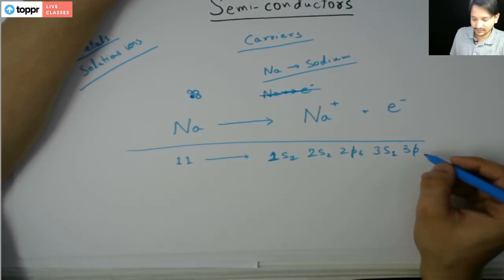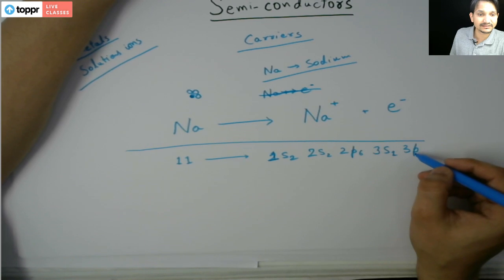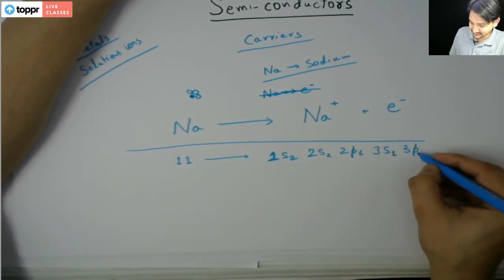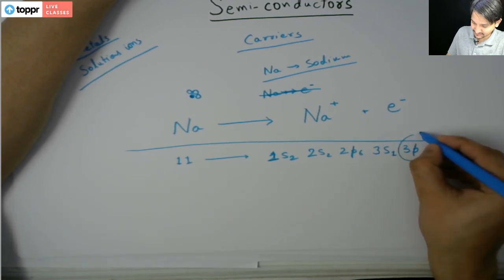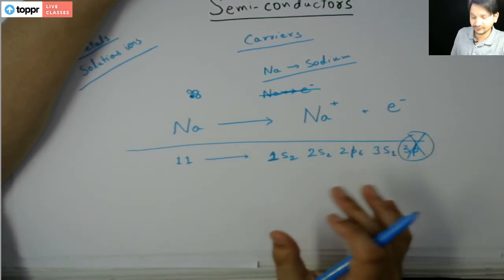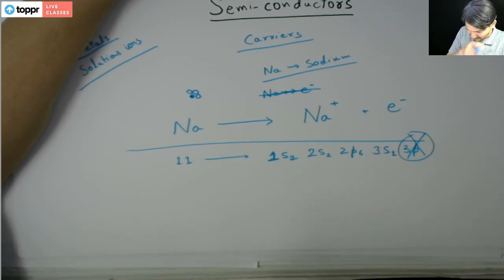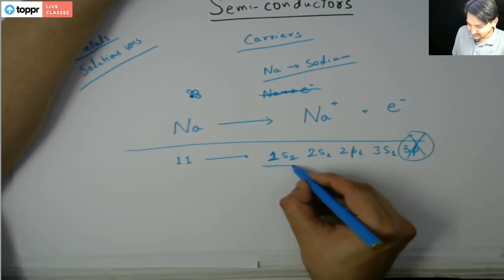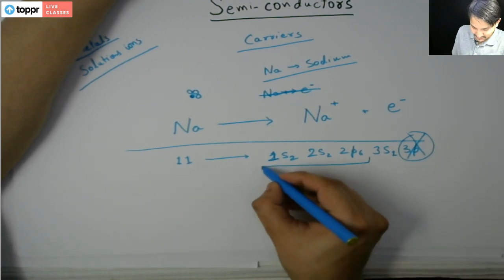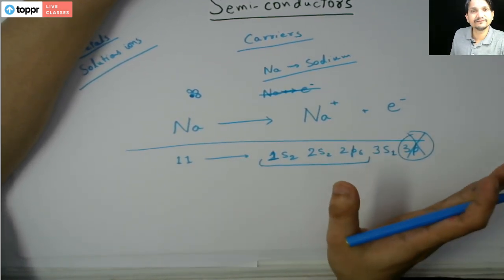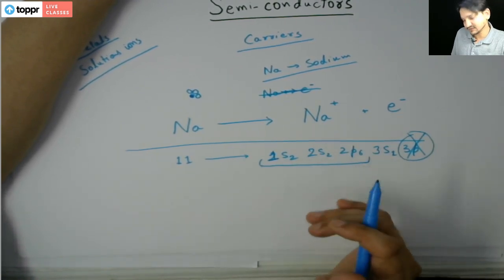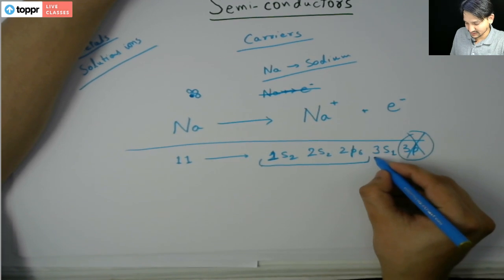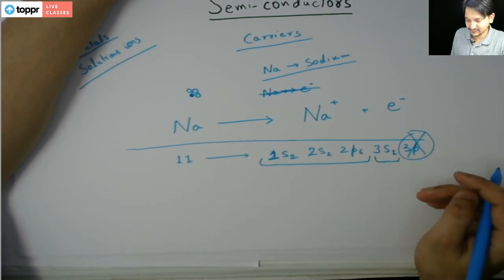The third p orbital doesn't have any electrons at all. However, it can contain 6. We call the filled parts completely filled orbitals, because whatever they can accommodate, they already have. So what about this part, 3s1?